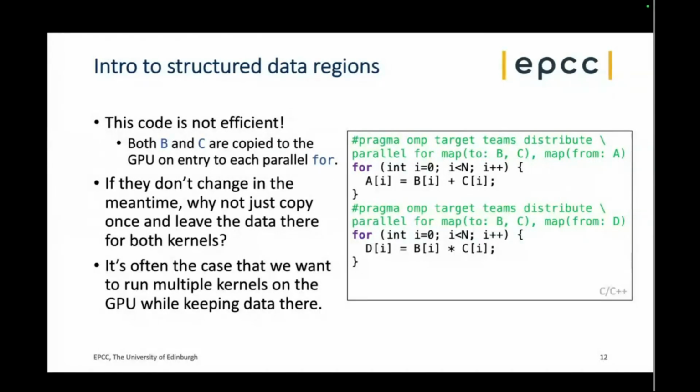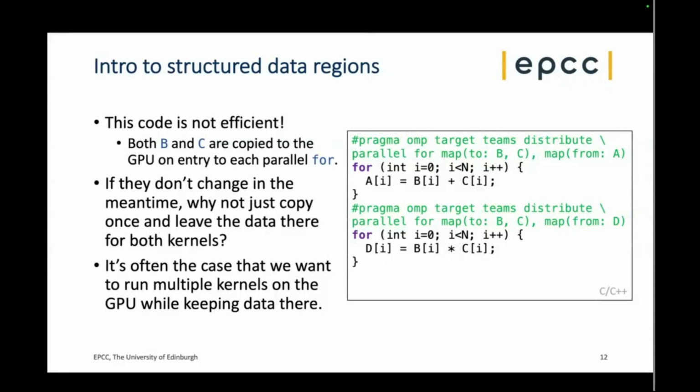However, we already moved B and C to the device in the first loop, and we haven't changed the data in between. We haven't written to B and C. However, if you write it like this, what will happen is that first we transfer B and C from the host to the device, and then we do it again.